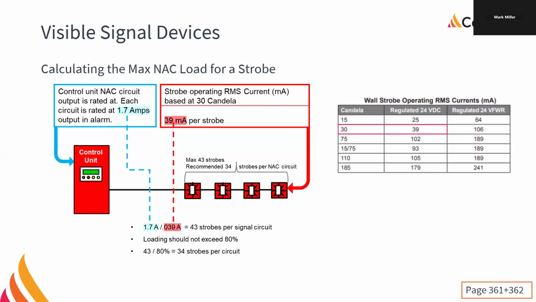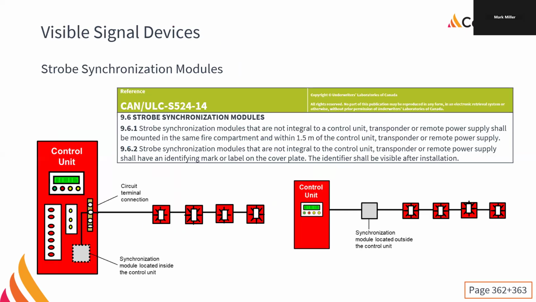And so you can say, I'm using this model. I have to go this distance. How many can I put on the circuit with what size of wire? That stuff is out there. It might be an old school table. You might have to do the math yourself. Depends on the manufacturer.